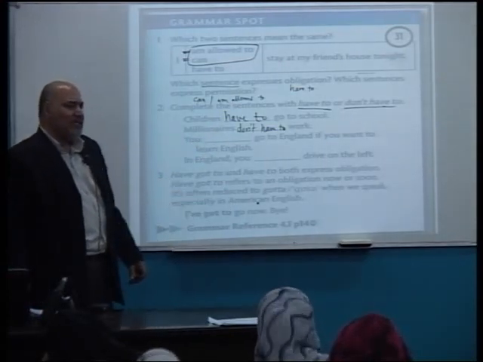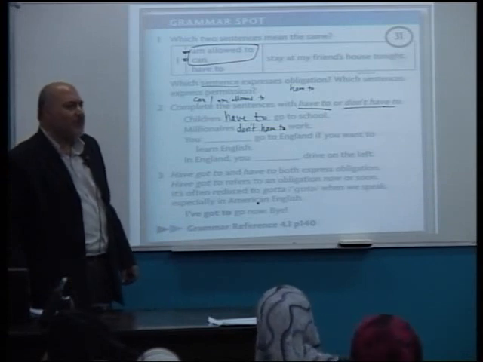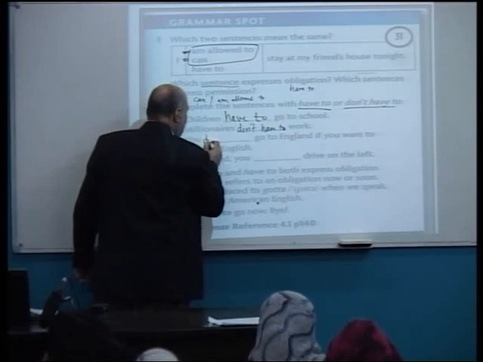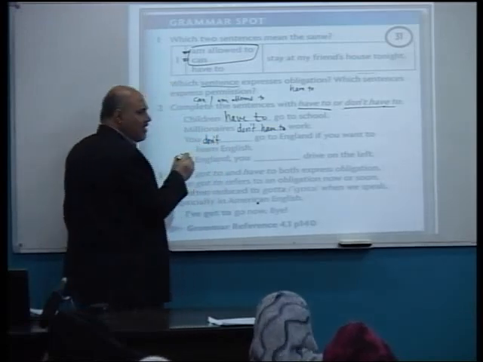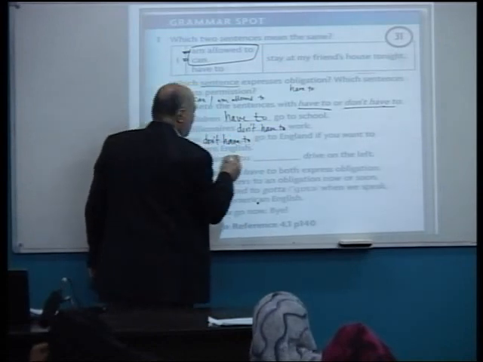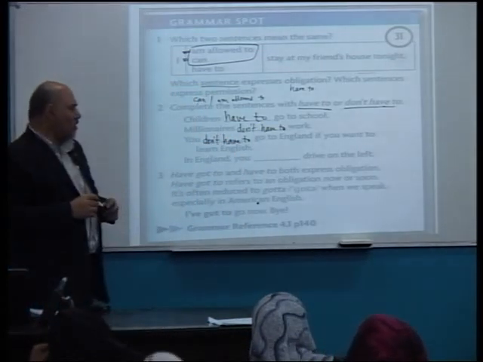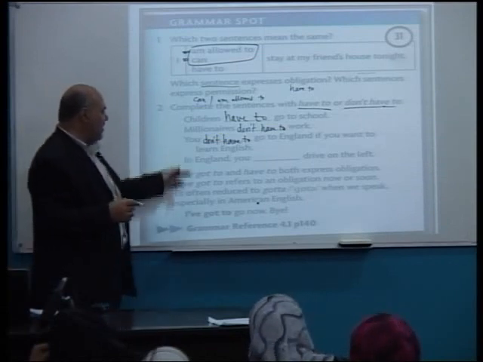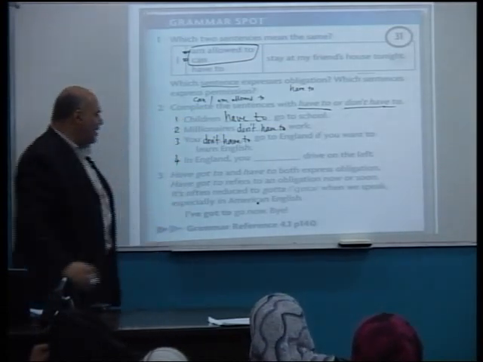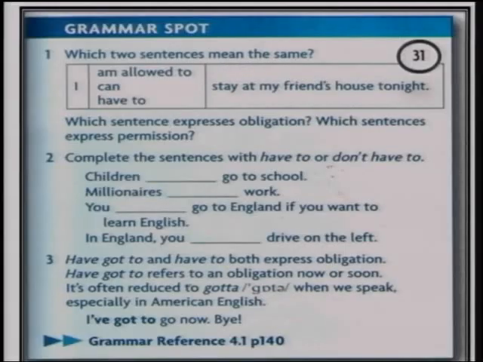You can study English where? At home. So you don't or doesn't? Don't. Don't have to go to England if you want to study English. Number 4. In England, you have to drive on the left.